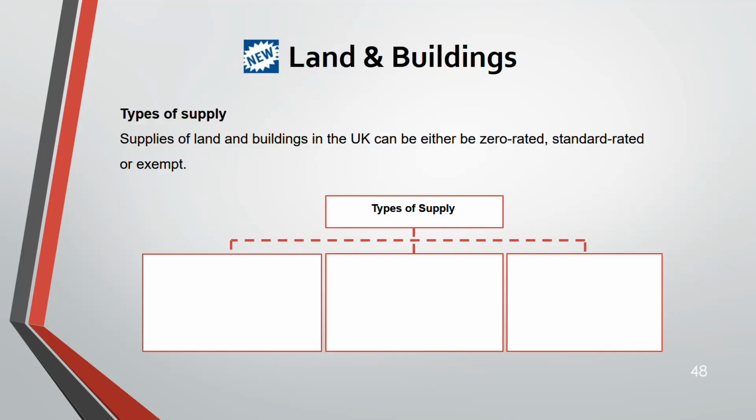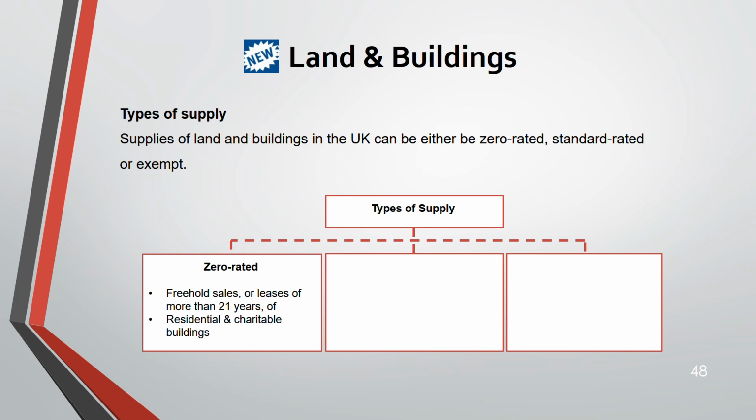The third part in this lecture is new for ATX, which is on land and buildings. So supplies of land and buildings in UK can be 0 rated, standard rated or exempt. If it is 0 rated, okay, freehold sales or leases of more than 21 years are 0 rated. Of residential and charitable building.